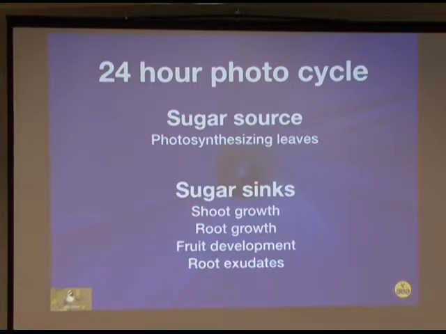Then the third stage is from about 2 to 3 a.m. until dawn, usually around 8 o'clock in the morning. In that time period, the plant is now using all of those sugars that have been transported to either the shoots at the top, the root system, or the fruit.